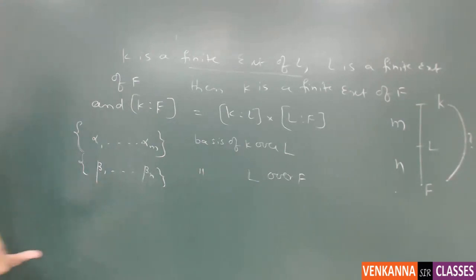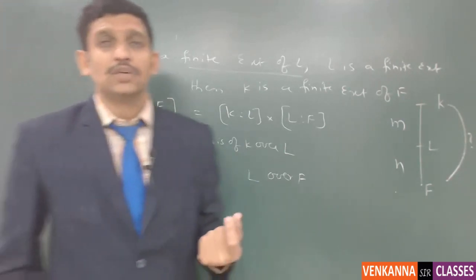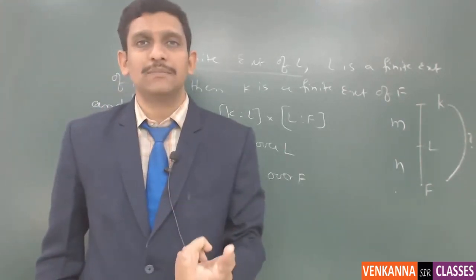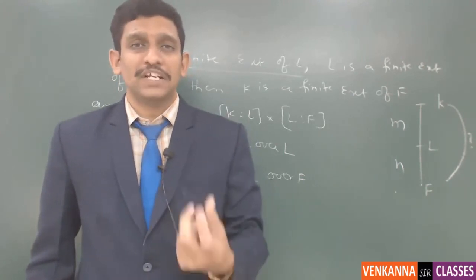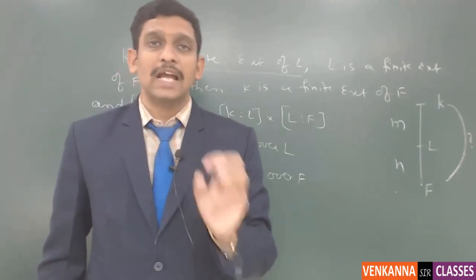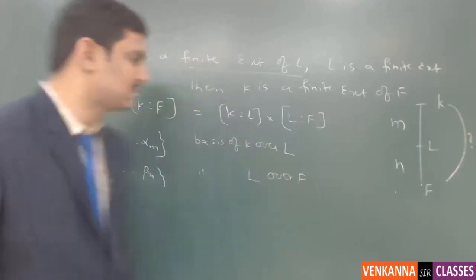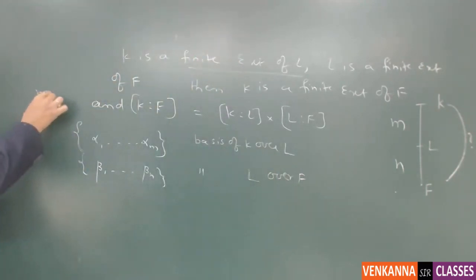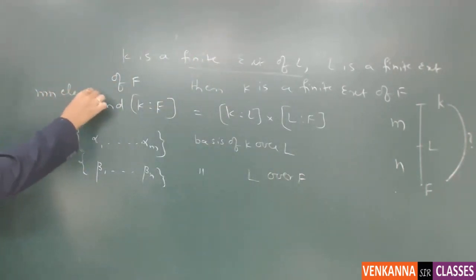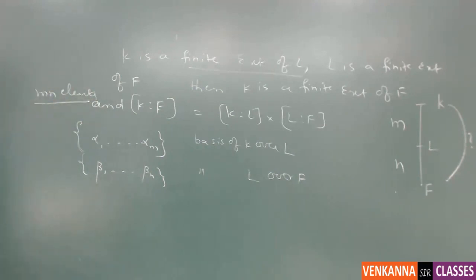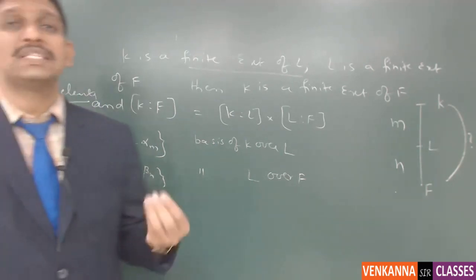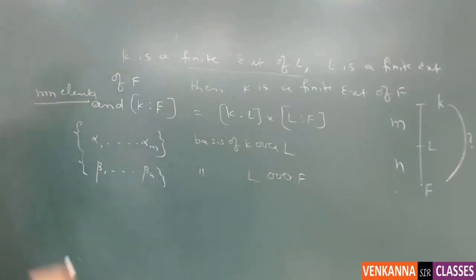The underlying idea here is, since we are calculating a basis, we need to construct a set having mn elements such that it is a basis of K over F.